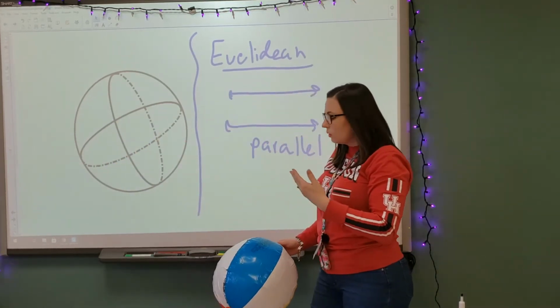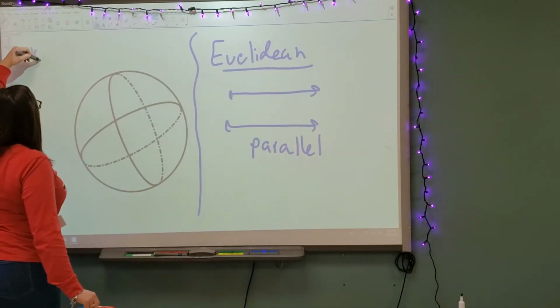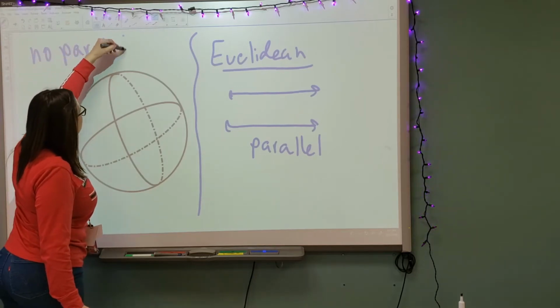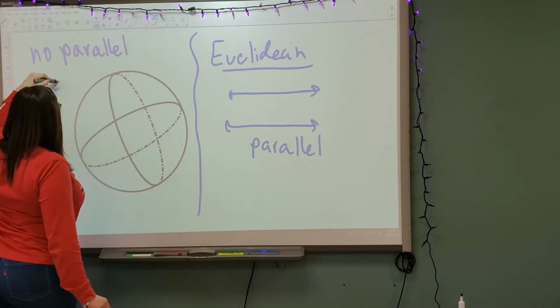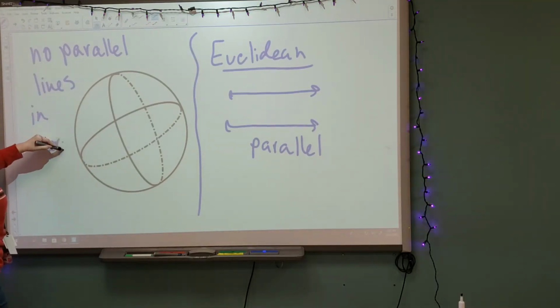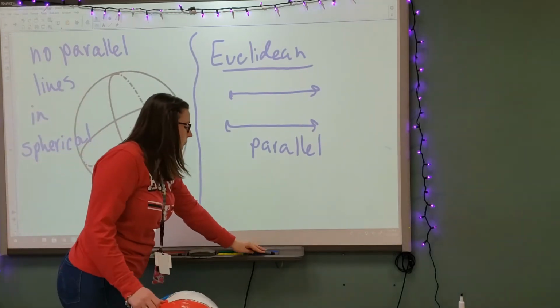So in spherical geometry, there are no parallel lines.